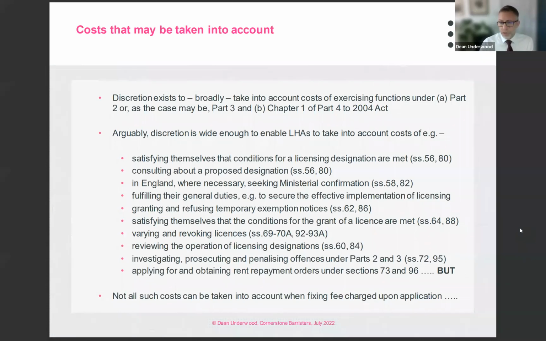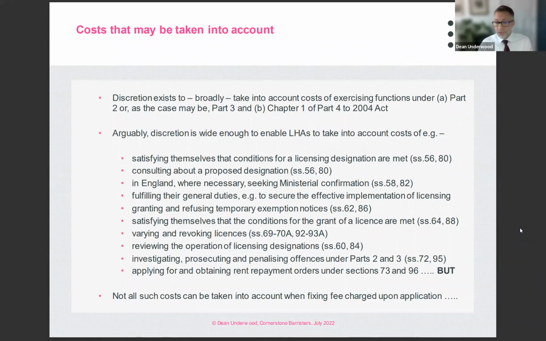Of fulfilling general duties under the 2004 Act, for example, to secure the effective implementation of licensing or to secure that applications and other issues are determined within a reasonable time, for satisfying themselves that the conditions to the grant of a license are met, for example, that a person is fit and proper to hold a license, or that the management arrangements for a house or HMO are adequate, or that an HMO is suitable for occupation by the proposed number of people in the license application.